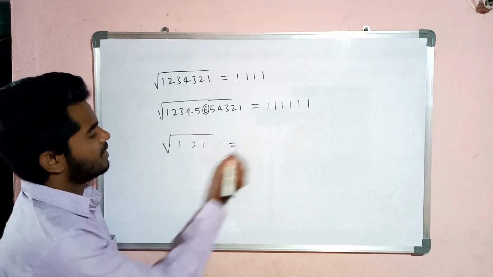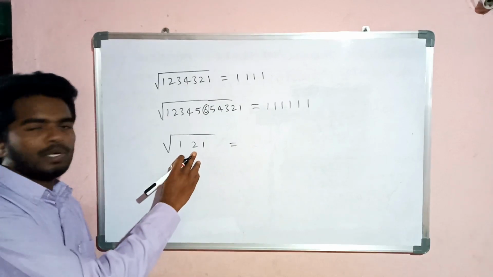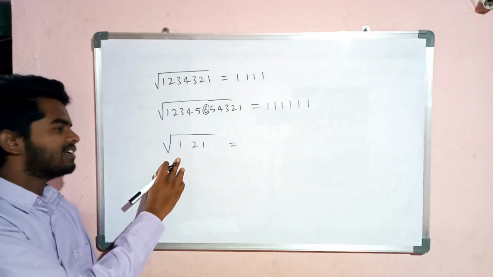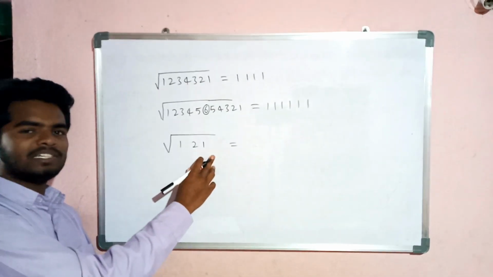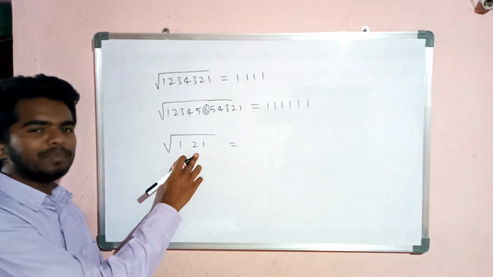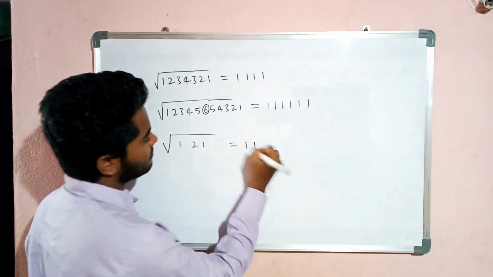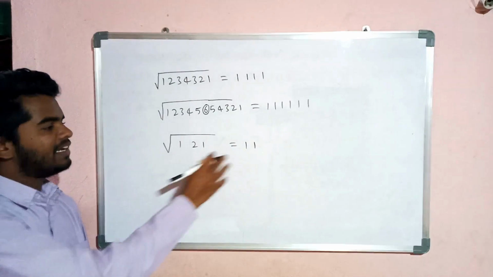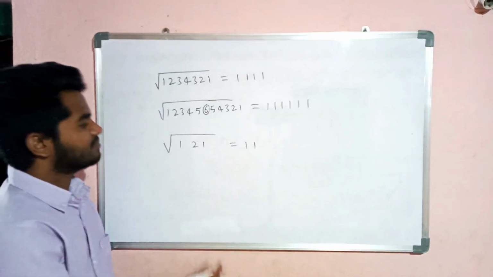Under root of 121 equals 2 ones, since 2 is in the middle, decreasing to 1 on both sides.